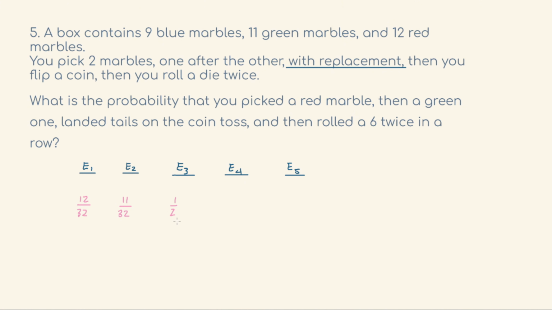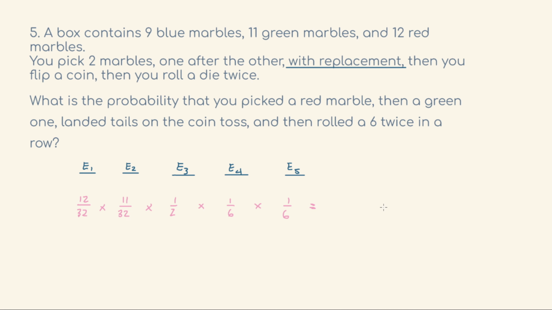On a regular 6-sided die, we've got 6 sides. Only one side is a 6. So we've got a 1 on 6 chance of rolling a 6. And event 5 is also rolling a 6. So it's also a 1 on 6 chance. Okay. And now just to find the probability, we're going to multiply all of these fractions up. And once again, when we're multiplying fractions, remember the numerators get multiplied together.